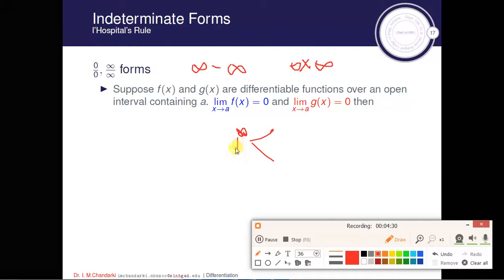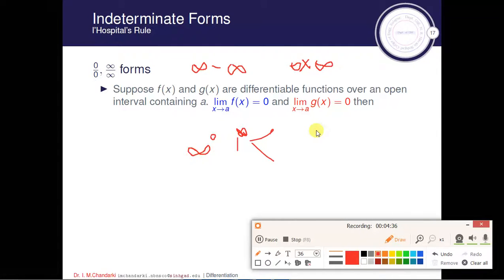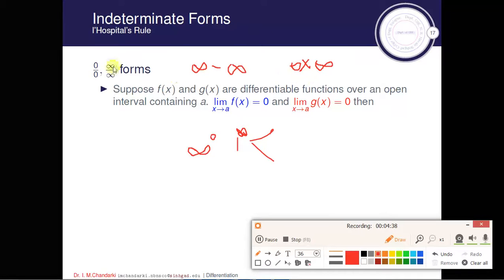Infinity raised to 0, just now discussed, is also one. These two are called standard indeterminate forms, these are the subcases of these two, and these are called the exponential indeterminate forms.